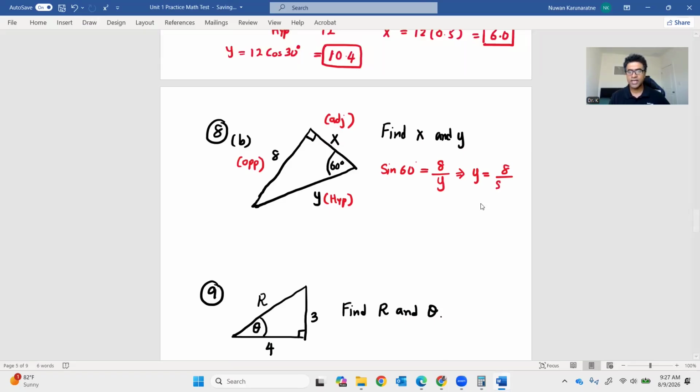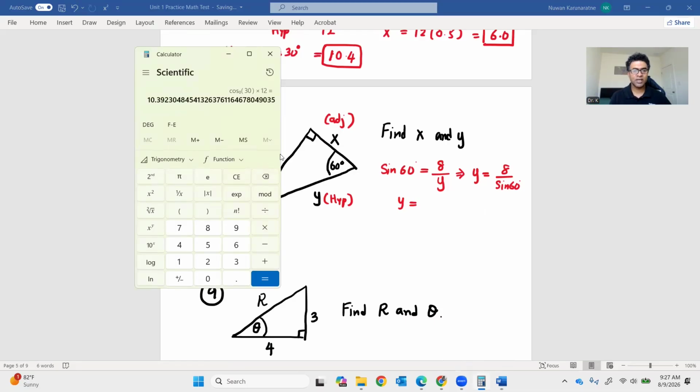So sine 60. Let's do that using the calculator. It has a weird way of doing it, but let's try. I'm going to clear everything. 8, divide by, I need to put sine 60, so 60 first, and then the sine function.